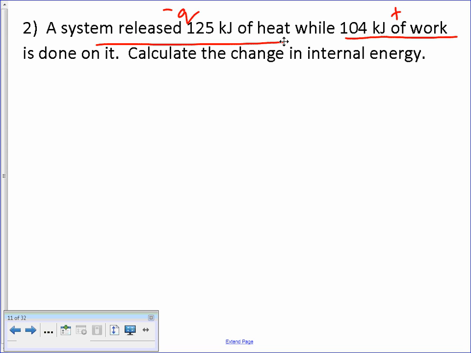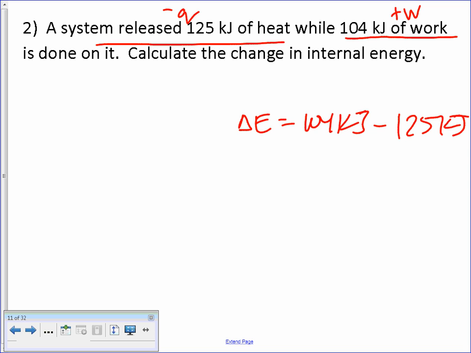So it's exothermic, and this much work is done on it, so it's positive W. Calculate the internal energy change, what would you do? 104 minus 125, because that's going to be a negative value. I'm just going to write that here so that you have it, but I'm not going to show you the calculation. That's a J, by the way.